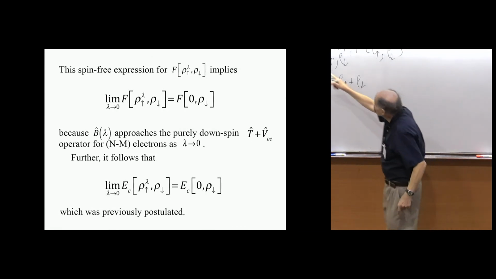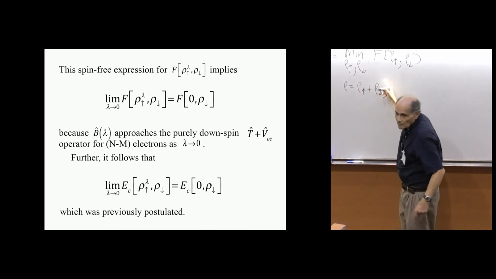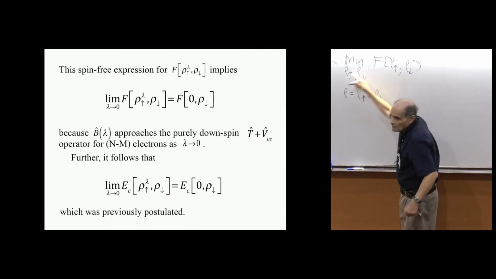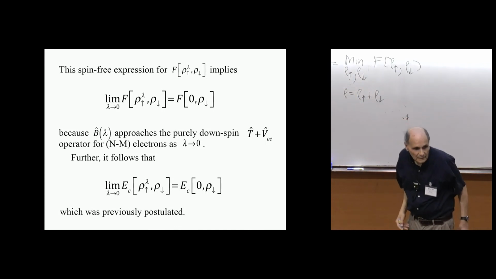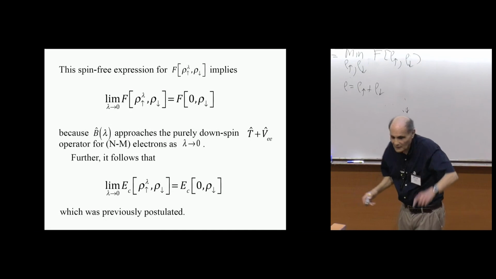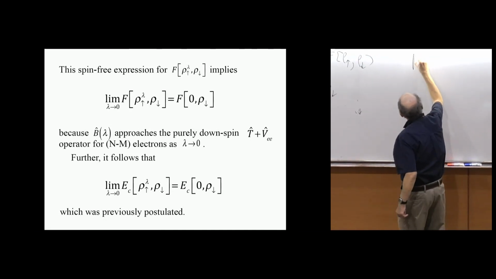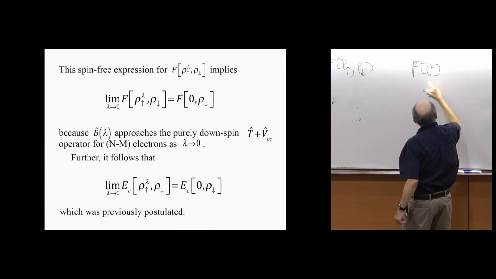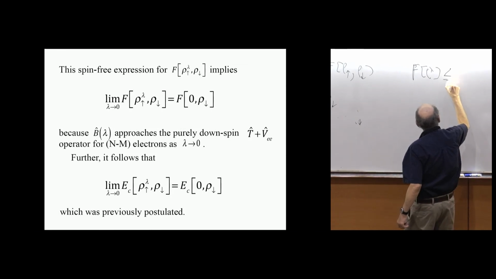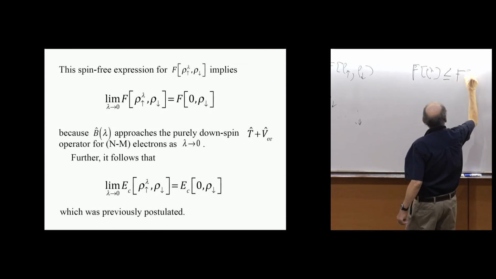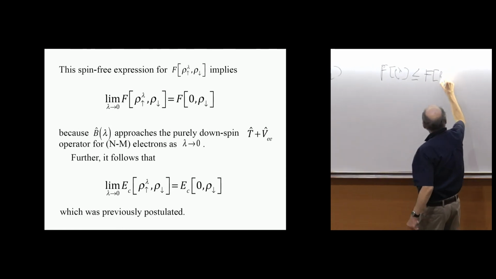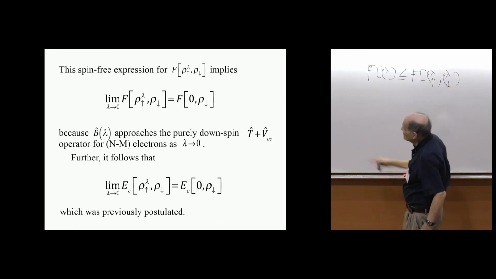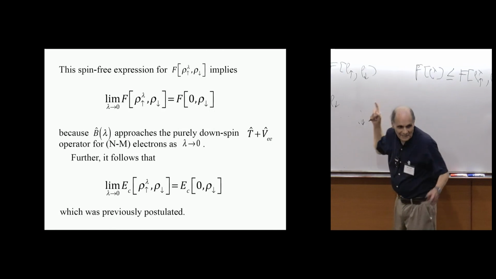So this is the relationship, f of rho. Therefore, it's not always true that f of rho lambda is less than or equal to f of rho lambda up, down. Because you have to do this search, you see? It's a little tricky.